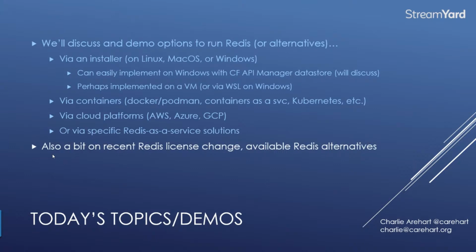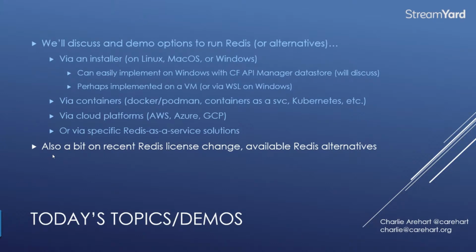And some of you are going to go, wait a minute, I've heard that Redis has had a license change and what's up with that? We'll talk about that. And we'll talk about alternatives that are available, some recently, newly available, and maybe seemingly the important option to consider, and others that have been around for a while and you maybe didn't even know it. And those options have their own installers and their own containers and their own cloud deployments sometimes.